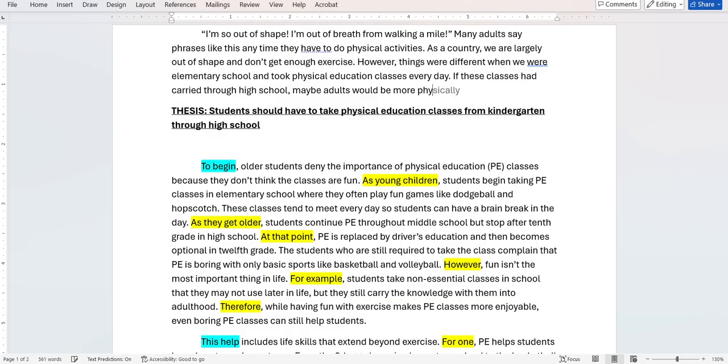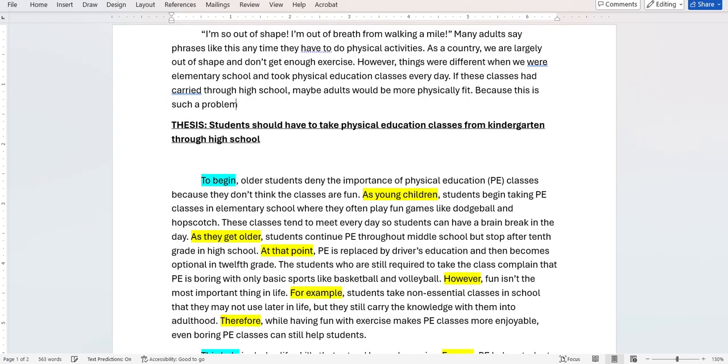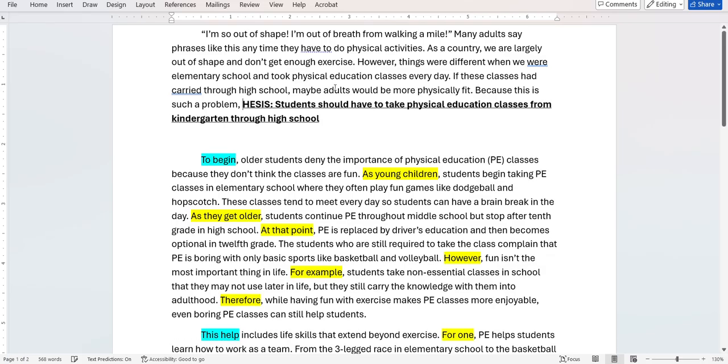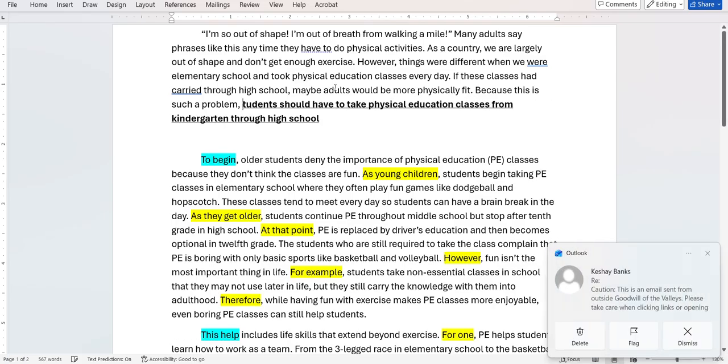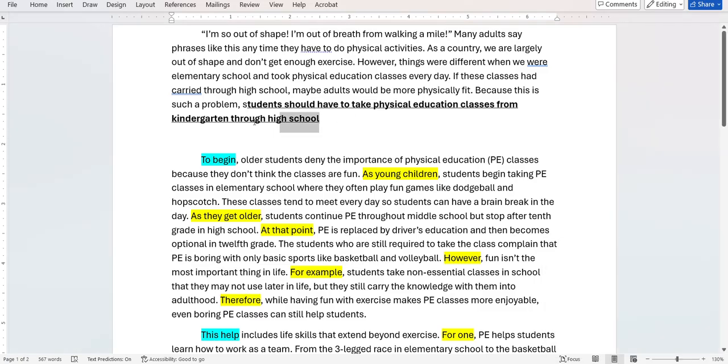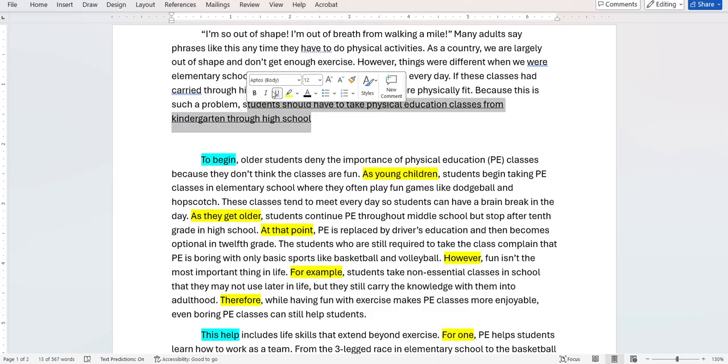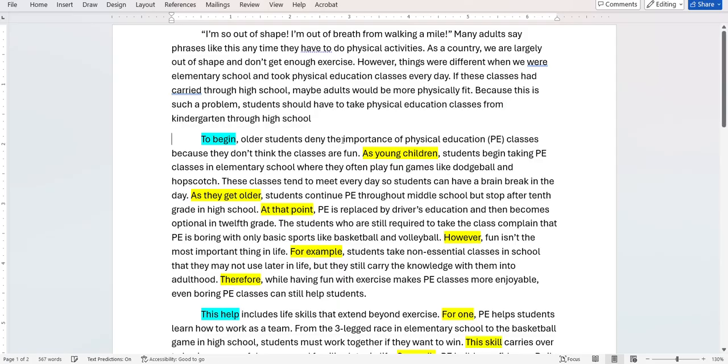More physically fit. Because this is such a problem, comma, then hit the thesis. Students should have to take physical education classes. Turn off bold, turn off underline. And there we go. I got myself an introduction paragraph.